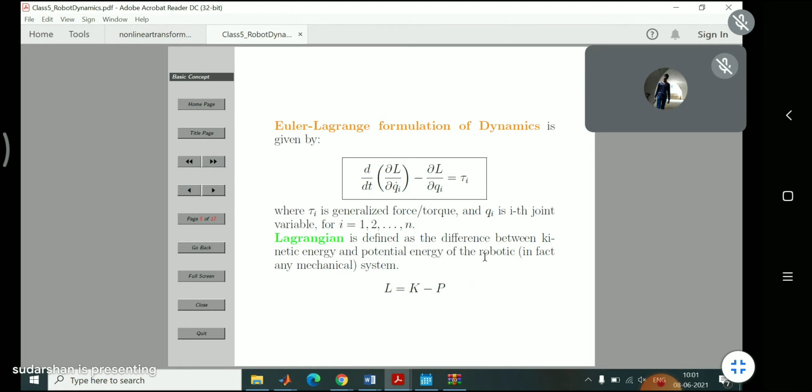In the example of the single link manipulator, there is only one kinetic energy term and only one potential energy term. Then after obtaining the Lagrangian, you will apply the equation in this format to get the mathematical model, the dynamics model of the system.